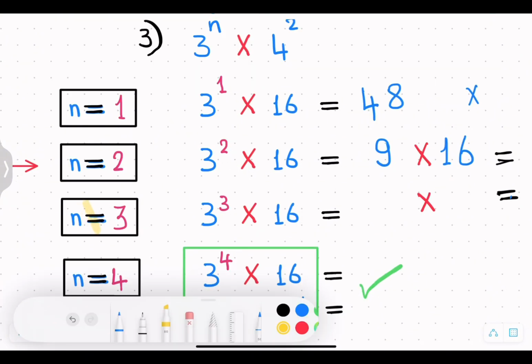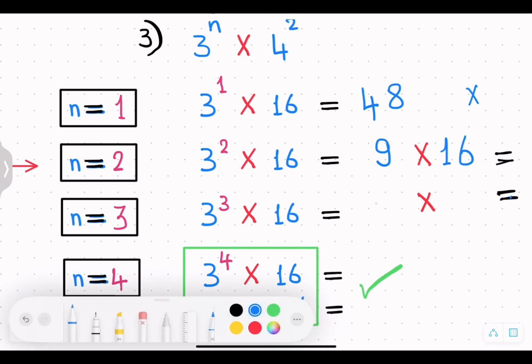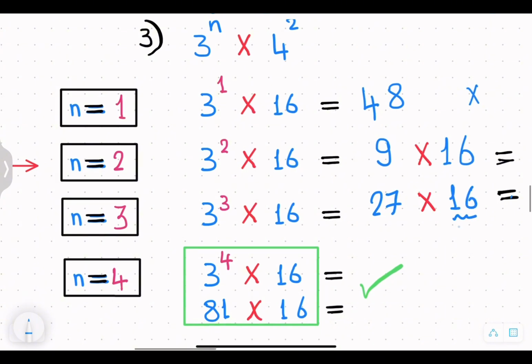And now let's substitute n by 3, which will be 3 power 3, which means 3 times 3 times 3, which is 27 times 16. Okay, what's 27 times 16? We will think about it without a calculator by distributing 16 into 10 plus 6.